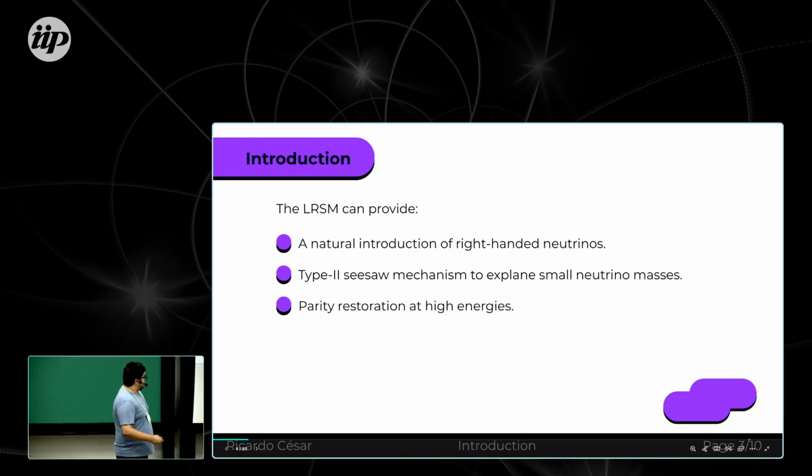They introduce a type 2 seesaw mechanism to explain the small masses of neutrinos. So we have right-handed neutrinos at a large scale, and it explains the small scale of the left-handed neutrinos. Okay, and we have a parity restoration at high energies. So at high energies, in this new model, there is a parity restoration.